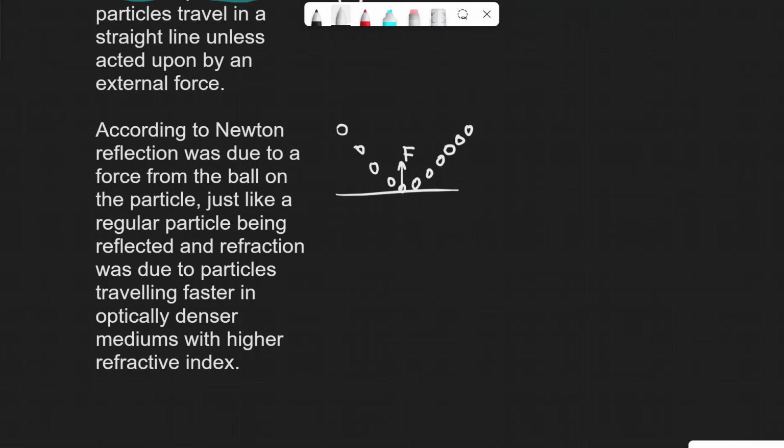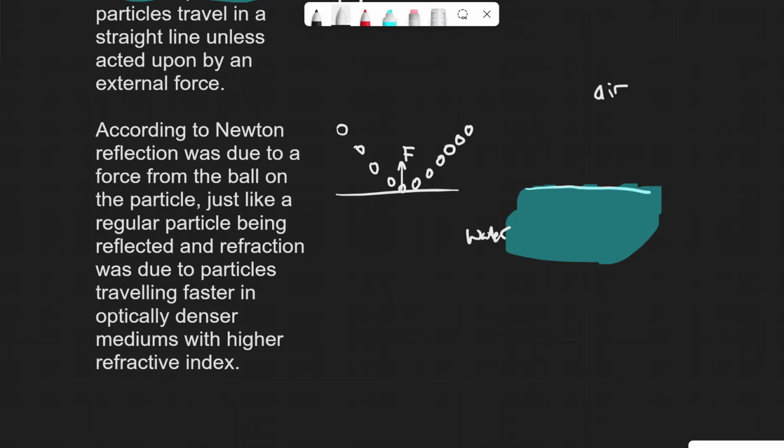So the way he explained refraction, which is also true in the wave theory of light, but let's say that we have a particle that goes from air into something with a higher refractive index, so something like water, for instance.